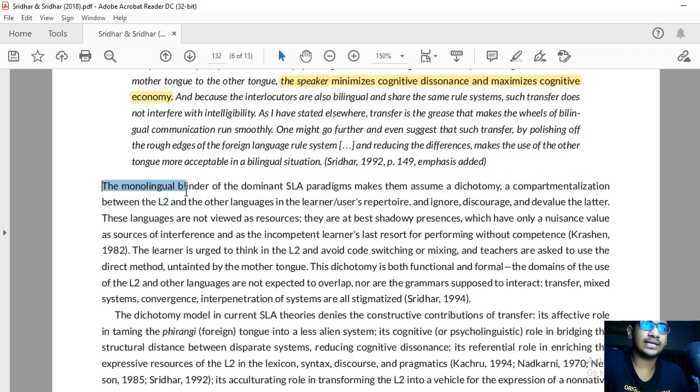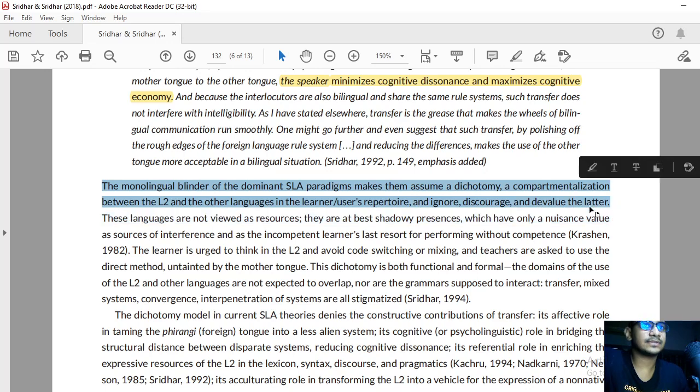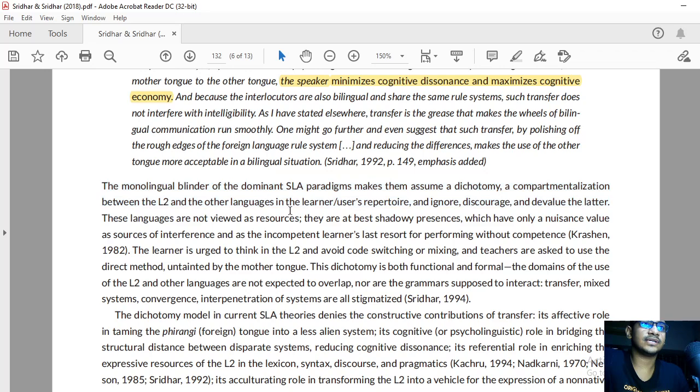The traditional SLA ideology was this: it ignored the other languages of one person, and it made them think in black and white, like either this or that. Everything monolingual, either English or Bangla or Hindi. So nothing in between, not a mixing, not a hybrid.